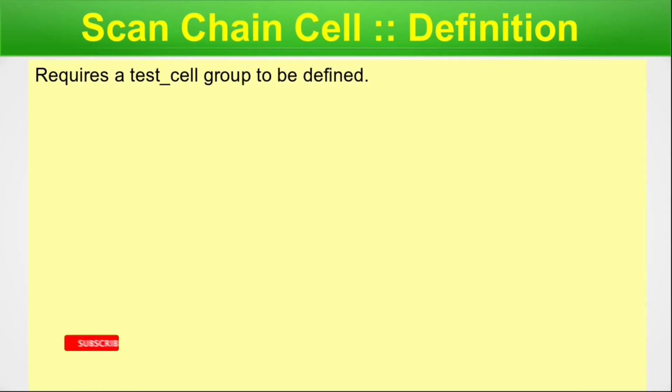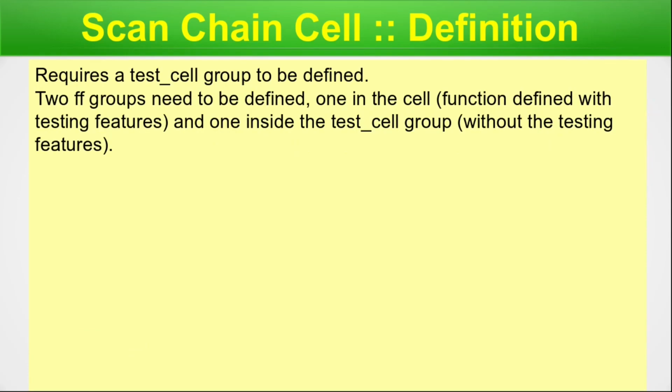It requires a test cell group to be defined. So this is about the structuring of the .lib file. Two flip-flop groups need to be defined, one in the cell function defined with testing features and one inside the test cell group without the testing feature. So there will be two sections where we have the presence.